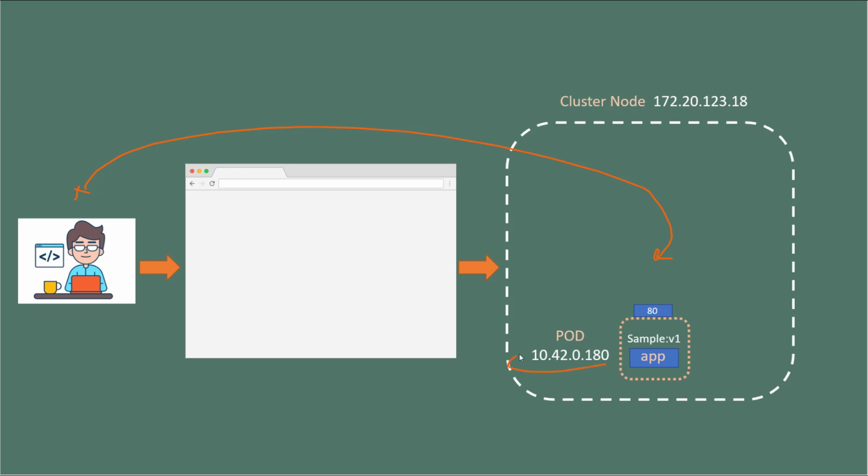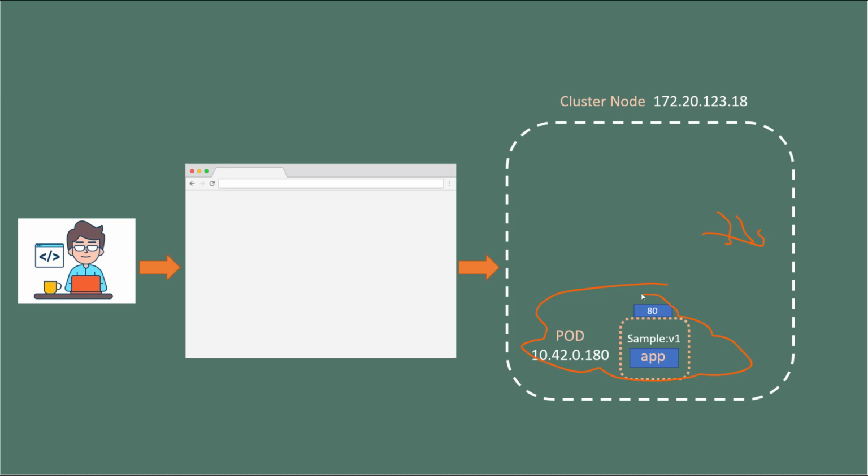Is it possible to use this IP in a browser and access it? The answer is no. Let's clean these lines, because the pod is alone inside the cluster and is only accessible from inside the cluster, not from the external.